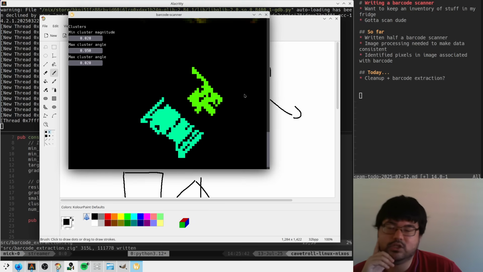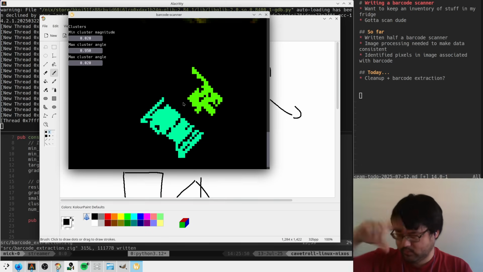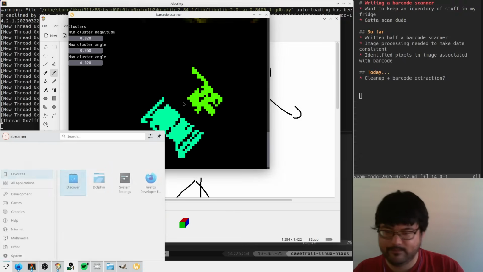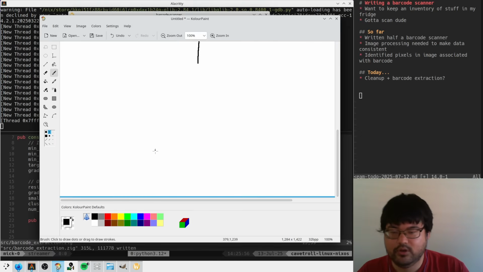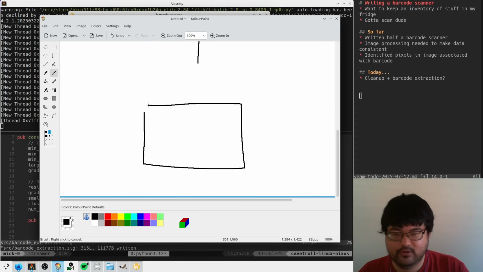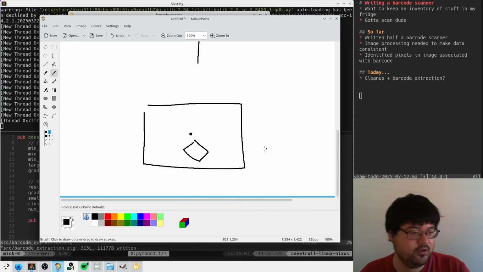I guess we can just pick an arbitrary point in the picture as an initial center. Rotate each point around that, right? So in our example, something like this. Then we can just use the center of the picture or something.